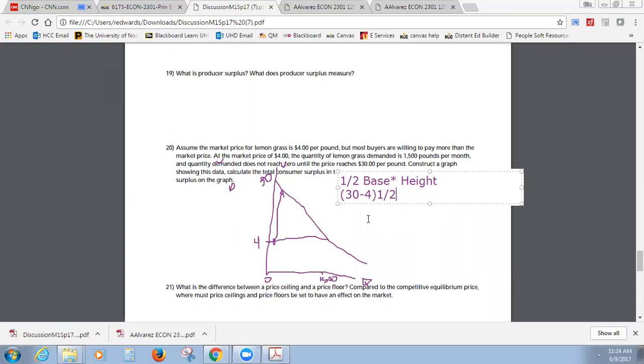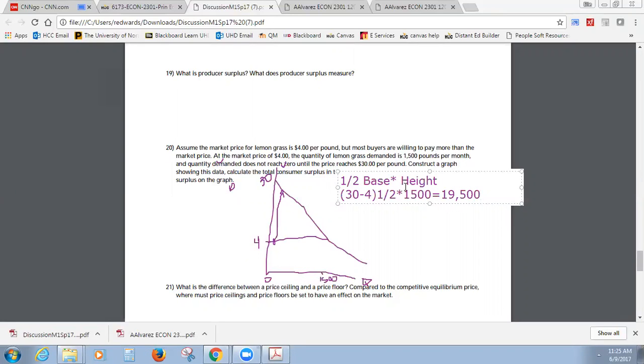And then to figure out the height here, I know that this is 0 and this is 1,500, so this is going to be 1,500. If I take half of the 26 times 1,500, I'm going to end up with 19,500. That 19,500 is in what we call utils.